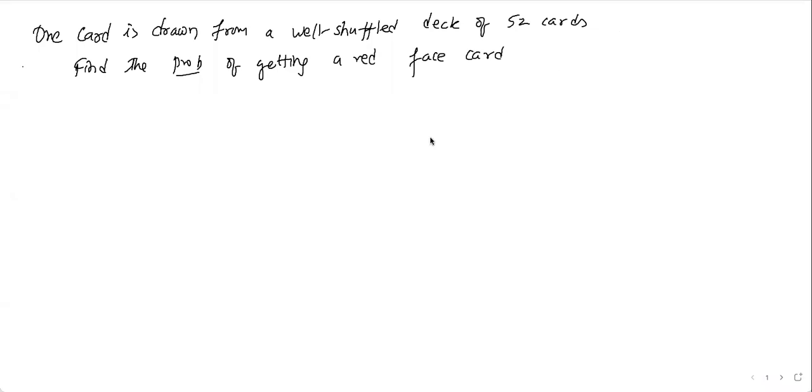Now let us try to solve this problem. A card is drawn from a well shuffled deck of 52 cards. You have to find the probability of getting a red face card. So how will you do it? We know that the total possible outcomes, n, is 52.